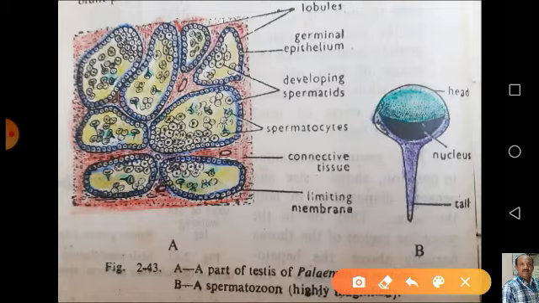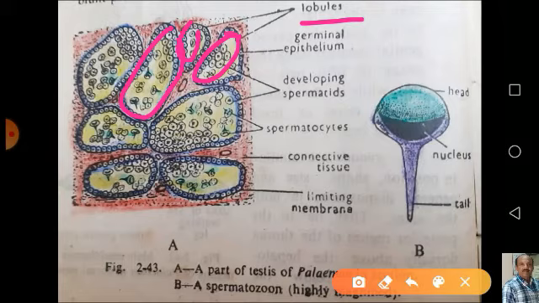Now each testis consists of many coiled, narrow and thin walled tubules which are called seminiferous tubules. Sometimes they are also called seminiferous lobules. The cavity of these tubules is covered by a single layered epithelium which is called germinal epithelium.